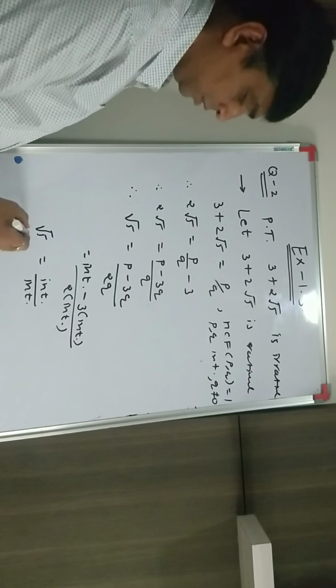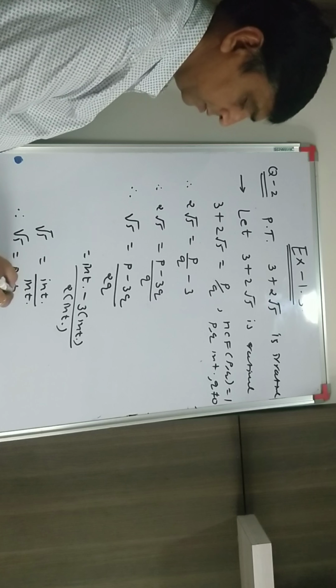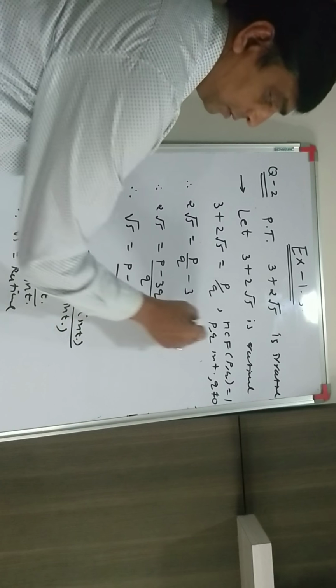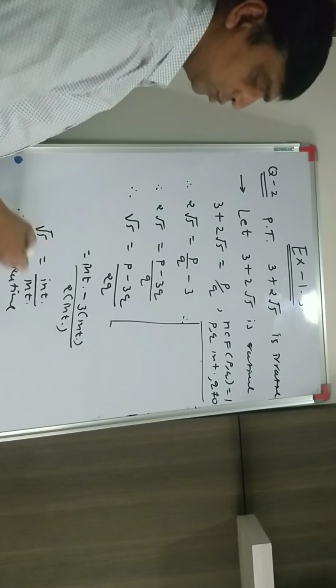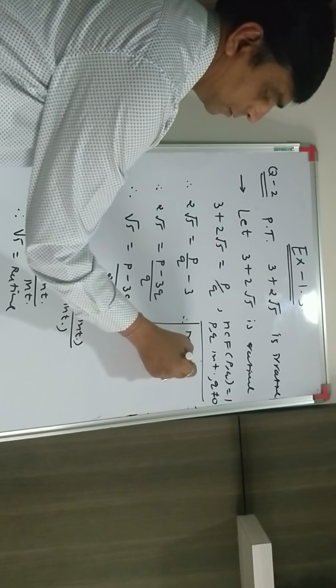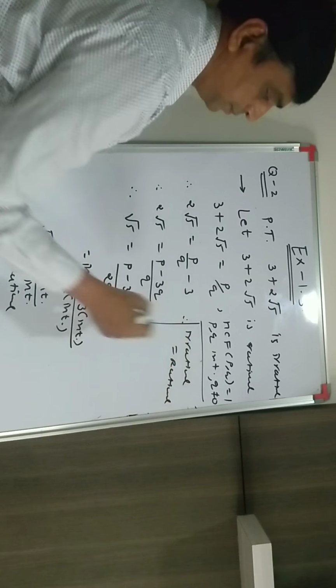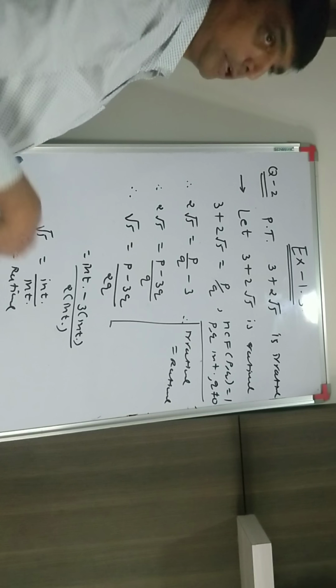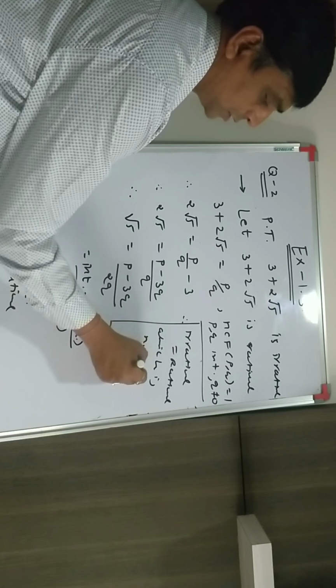Therefore root 5 equals rational. Therefore root 5 is what? Irrational. While right hand side is rational. Irrational equals rational, which is not possible.